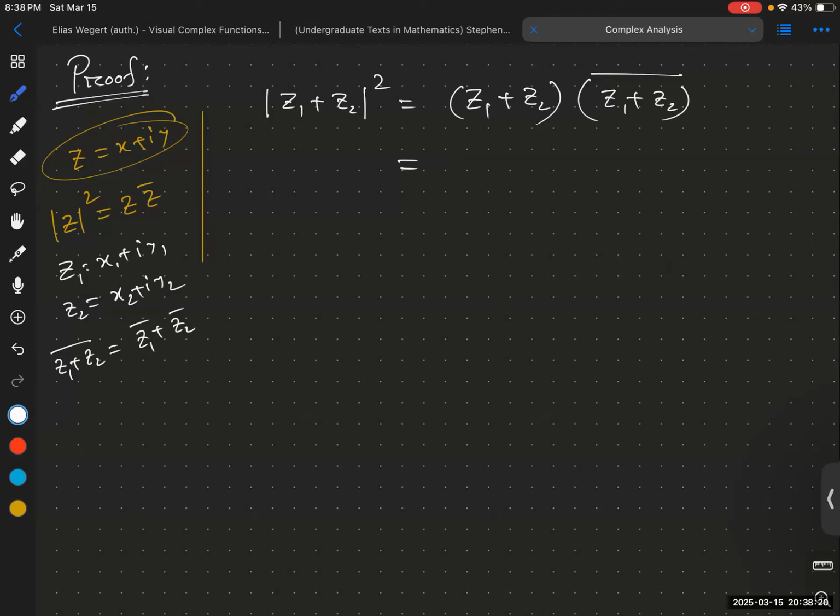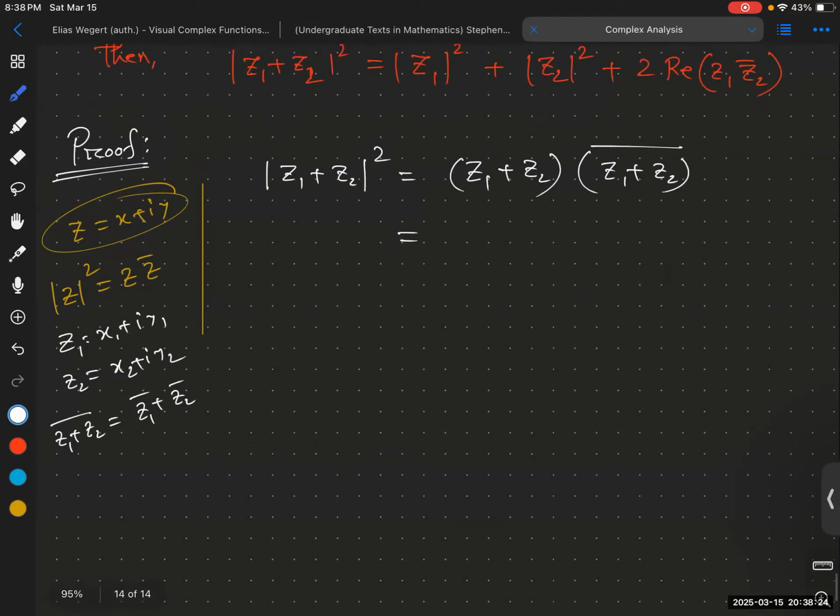This is another property of the conjugate of complex numbers. So we can write it as Z1 plus Z2 times Z1 bar plus Z2 bar.